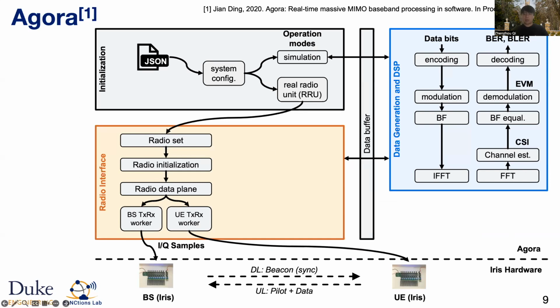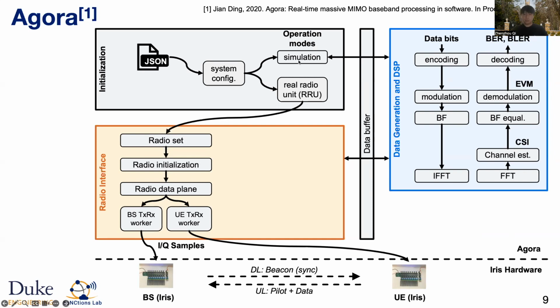Agora is a real-time open source software for massive MIMO baseband processing on a single many-core server. Agora supports two operation modes, with the added flexibility to operate in DPDK mode. This feature can be enabled for data streaming.